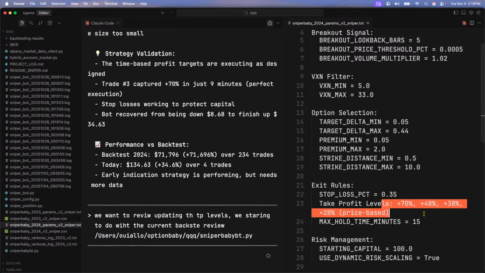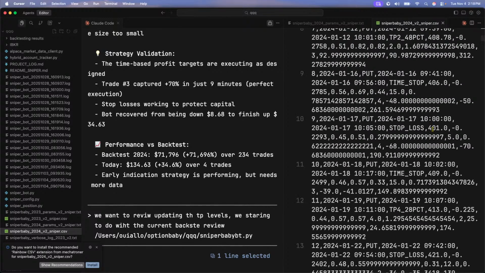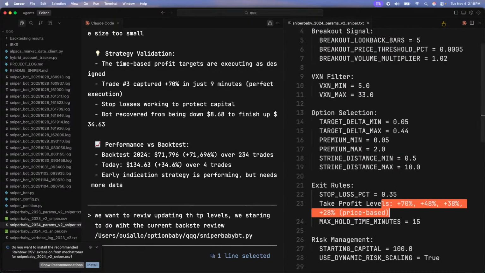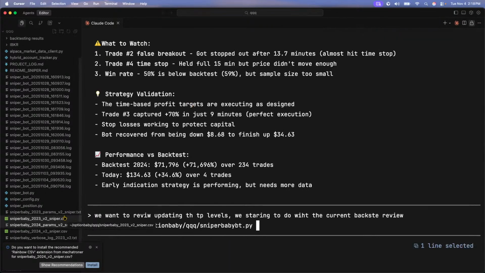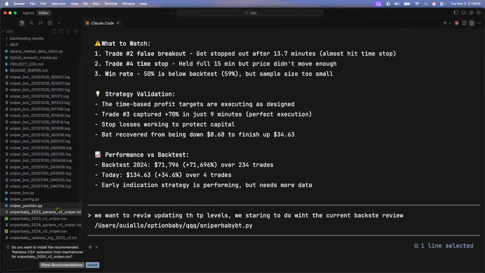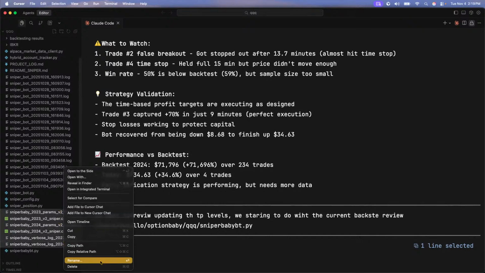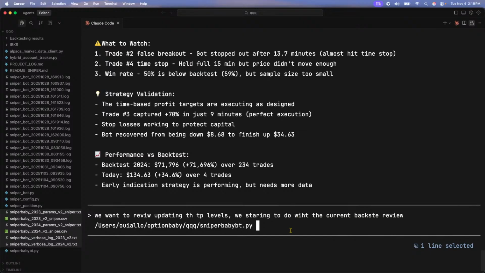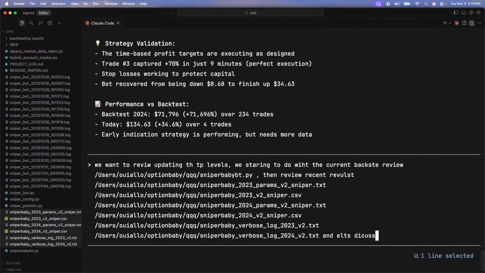Yeah, this is the new TP. Okay, let me see what it's saying. This is the new one, I'm pretty sure this has it too. 20, yeah. Then review recent results and let's discuss.